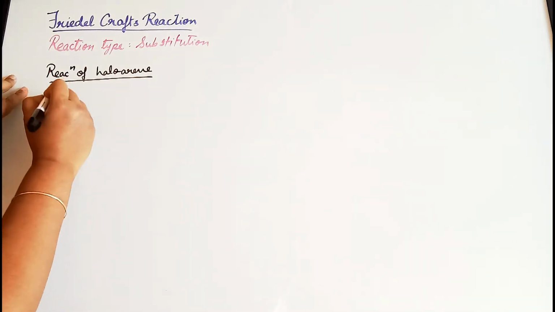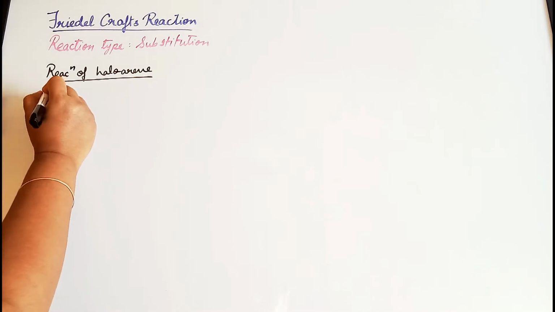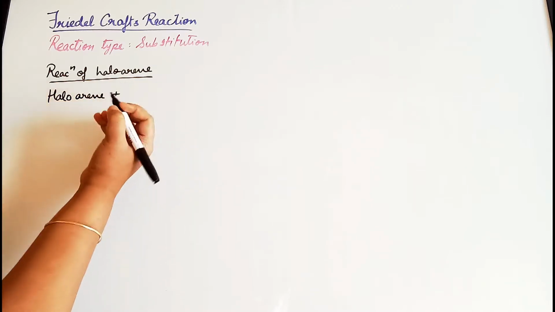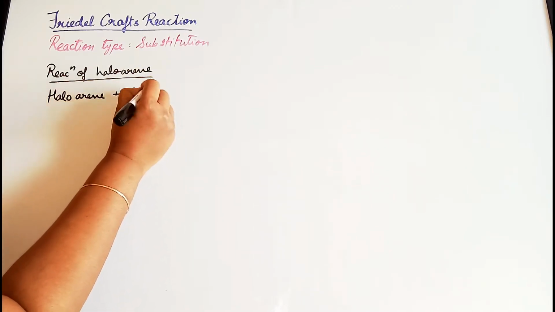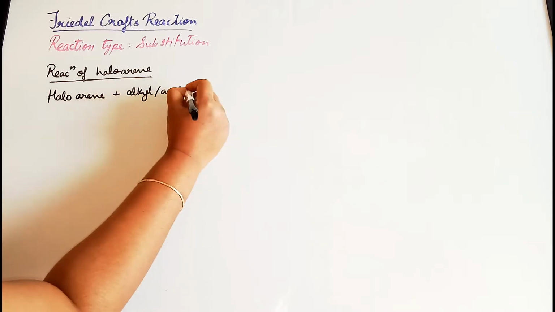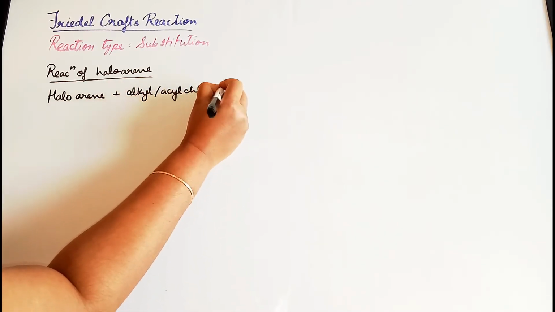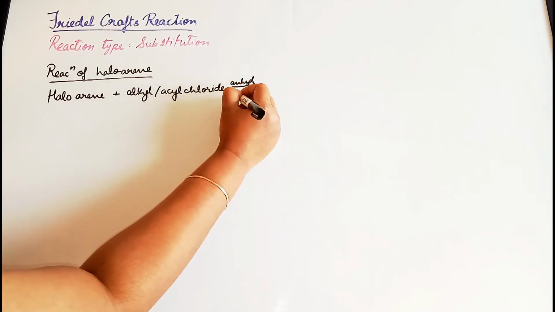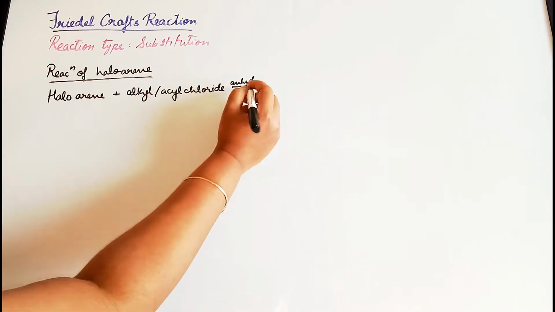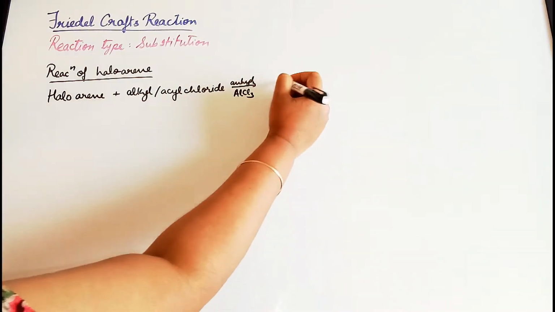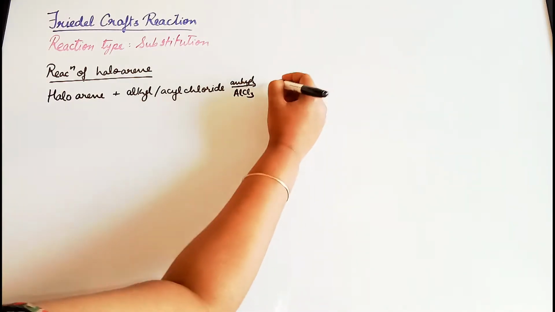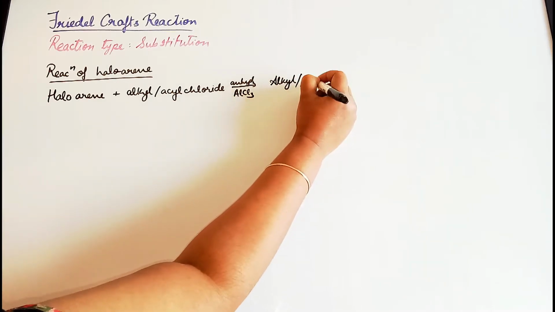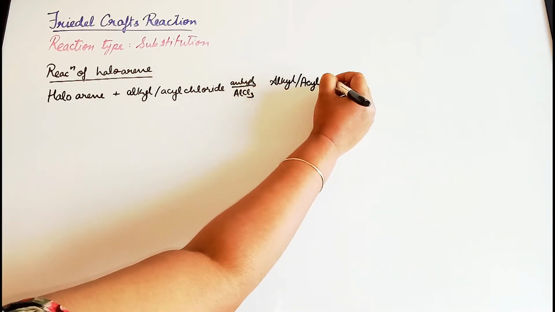Here we take a haloarene, and this reacts with an alkyl or acyl chloride in the presence of anhydrous AlCl3, which acts as a catalyst, to give us ortho or para substituted alkyl or rather acyl benzene haloarenes.